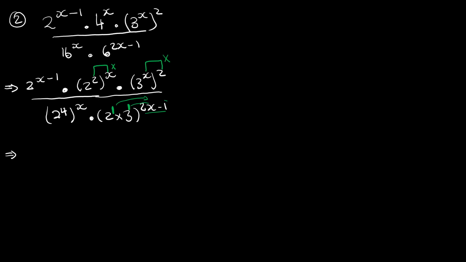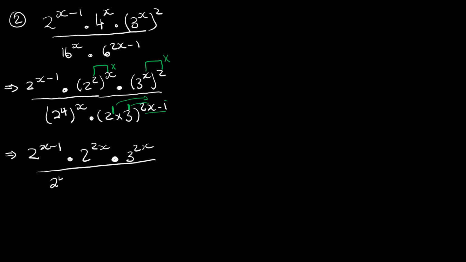Let's work on that. Please make sure that you don't make mistakes. So you can pause the lesson, then try to multiply out the exponent and see if you can write this in the correct form. So this will be 2 to the power x minus 1 multiplied by 2 to the power 2x, which is 2 times x, is 2x, then times 3 to the power 2x, and everything is divided by 2 to the power 4x.